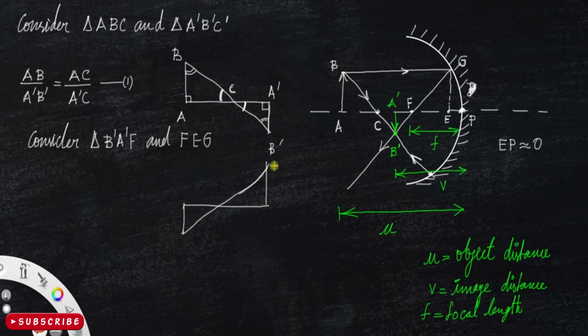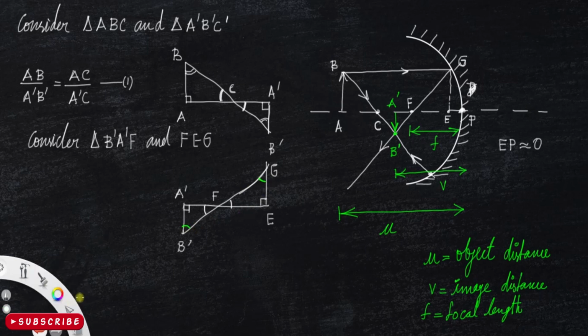This point is G, this point is E, this point is F, this point is A dash B dash. Again, these two angles are equal, that will form the vertically opposite angles. This angle is 90 degrees. Also the third angle will be the same.